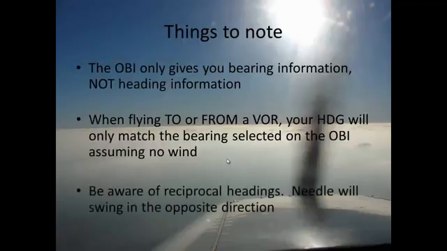And finally, be aware of reciprocal headings. The needle will swing in the opposite direction. Okay, what this means is simple. If you are flying to a VOR and you haven't checked the to flag, and you've centered the needle and you've actually got a from flag, you might still have a perfectly centered needle.